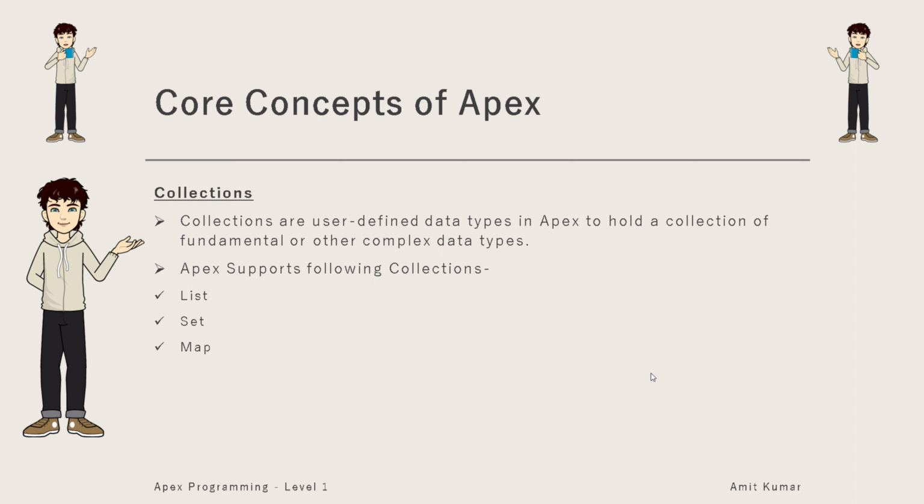Integer is one of the fundamental data types in Apex. Now we can create our own collection as a list of integers, or a set of integers, or a map of integers with some key, of course. So we can create these collections which can hold a collection of integers in one place. Collections are nothing but user defined data types in Apex to hold a collection of fundamental data types.